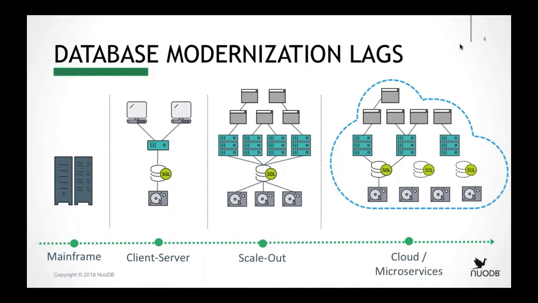However, the database in these architectures has remained relatively stagnant. Typically a single server with multiple disks. Some databases have the ability to cluster for availability reasons, but generally from a scale out perspective, it is a single database server that is a single point of performance and availability restrictions.